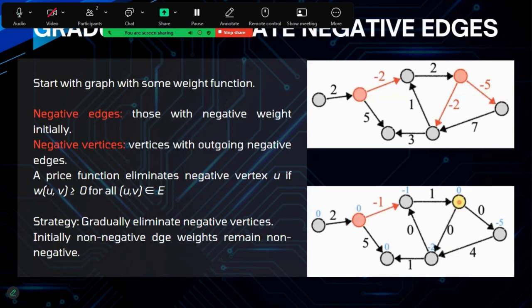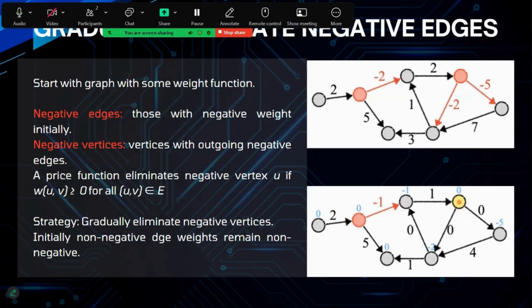After each round of reweighting, we eliminate some negative vertices. Most importantly, the edges that start off non-negative remain non-negative throughout this reweighting of the edges.